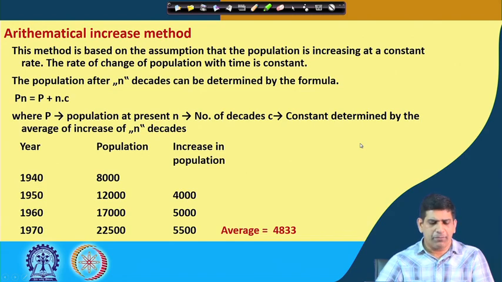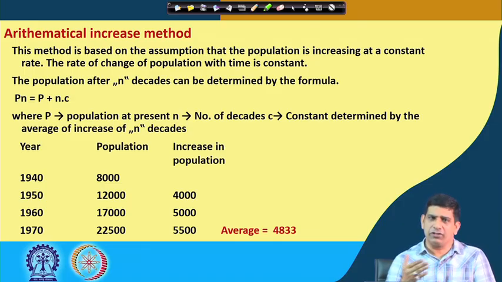Okay, so what are the different methods? Let's start with the arithmetical increase method. What is the concept of this method? It assumes that population is increasing at a constant rate, so there is an arithmetic increase. Since we have data for certain decades, we can find out the rate, and using that rate we can project the population in subsequent decades.